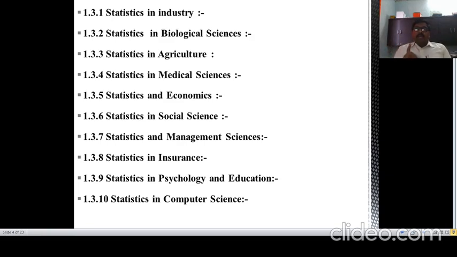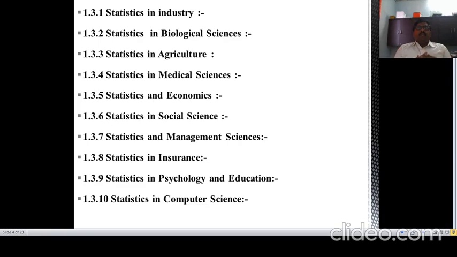Index numbers are used in determining real income, deflation, cost of living index number, to measure the changes in prices of shares in stock market. Index number provides the best tool. Several interlinked activities in economics can be studied.